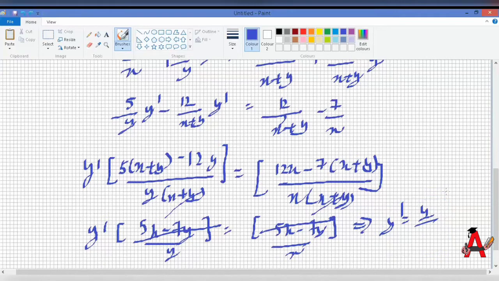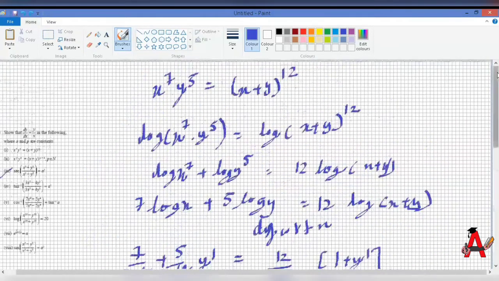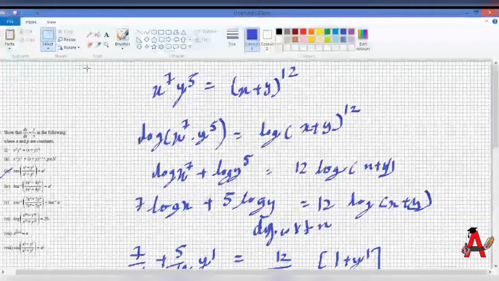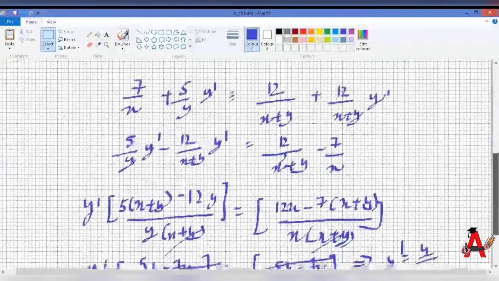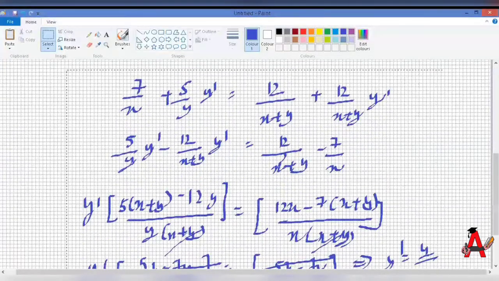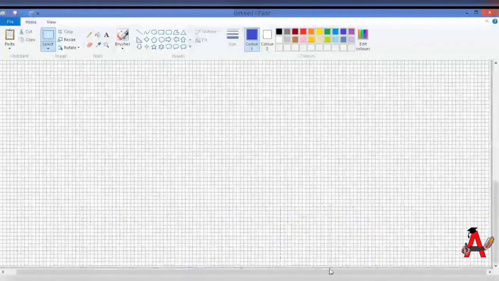So please go through and do the remaining questions of this part. Now let me try and do the last type of this question. Last type of this exercise, I should say. Let me take one.